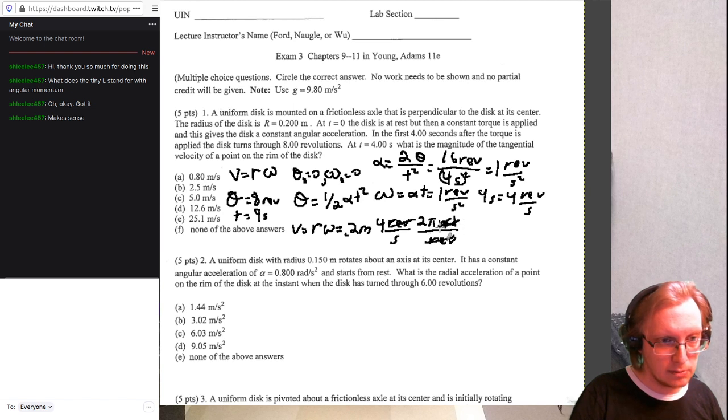Radians is unitless, which leaves us with 4 times 2 is 8, times 0.2 is 1.6 times pi, somewhere between 3 and 4. I should probably get a calculator to do that. 0.2 times 4 times 2 times pi is 5.03. 5.03 meters per second.